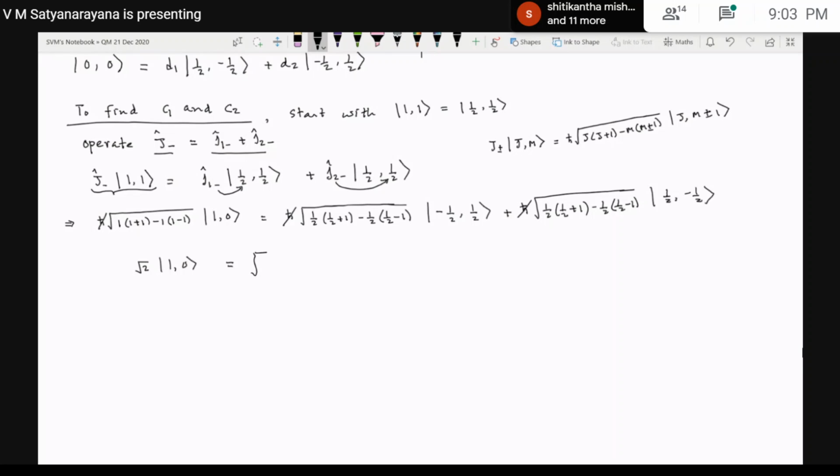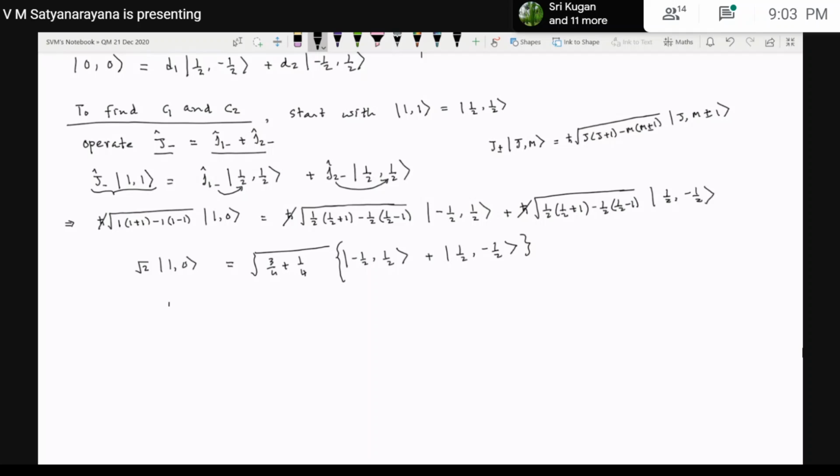So I have square root of 3 by 4 minus 1 by 4, into |-1/2, 1/2>, and I have the same thing here, plus, so let me call this common. So I have |1/2, -1/2>. This is just 1, 4 by 4 is 1.